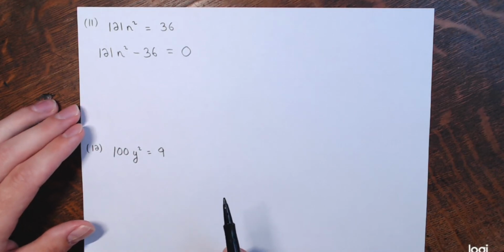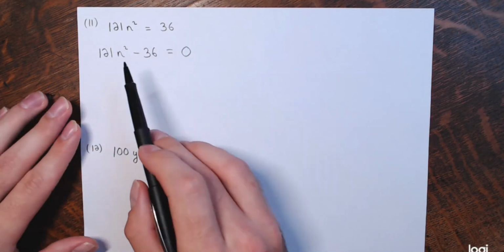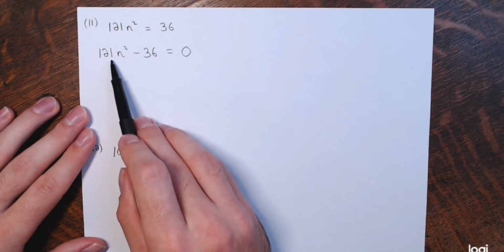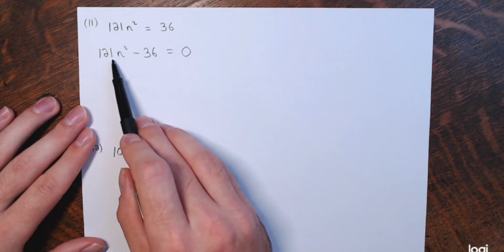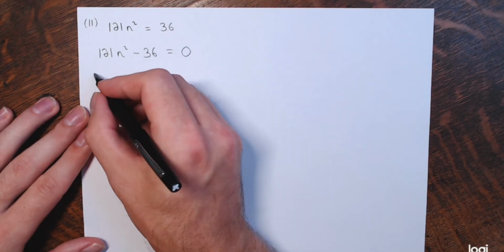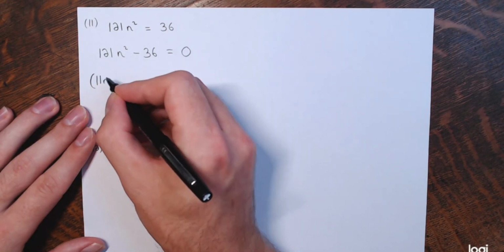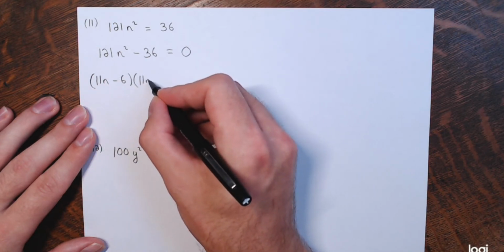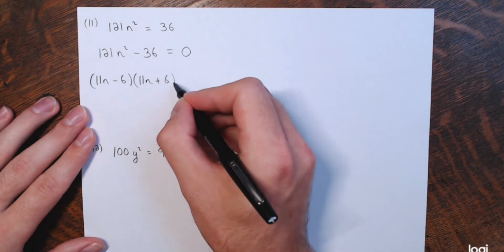Now we factor. And once again, I have a difference of squares. This is 11n times 11n, and this is 6 times 6. So this will factor to 11n minus 6 times 11n plus 6.